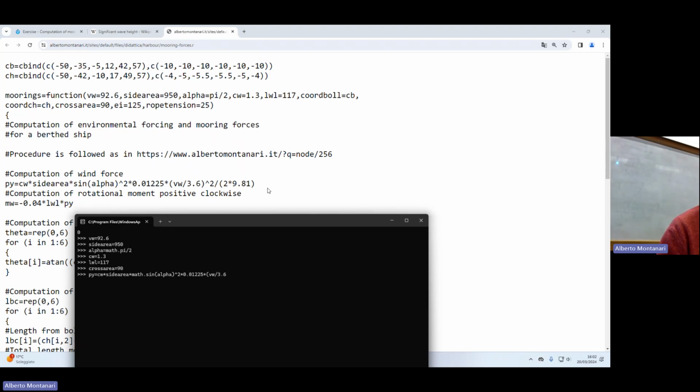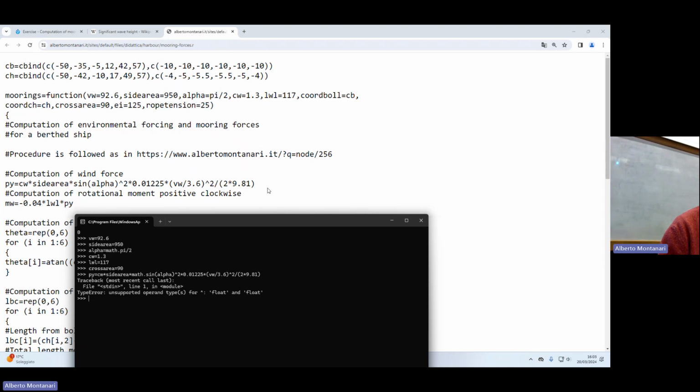This is to convert units, squared, divided by parentheses 2 times 981. I think it should work.